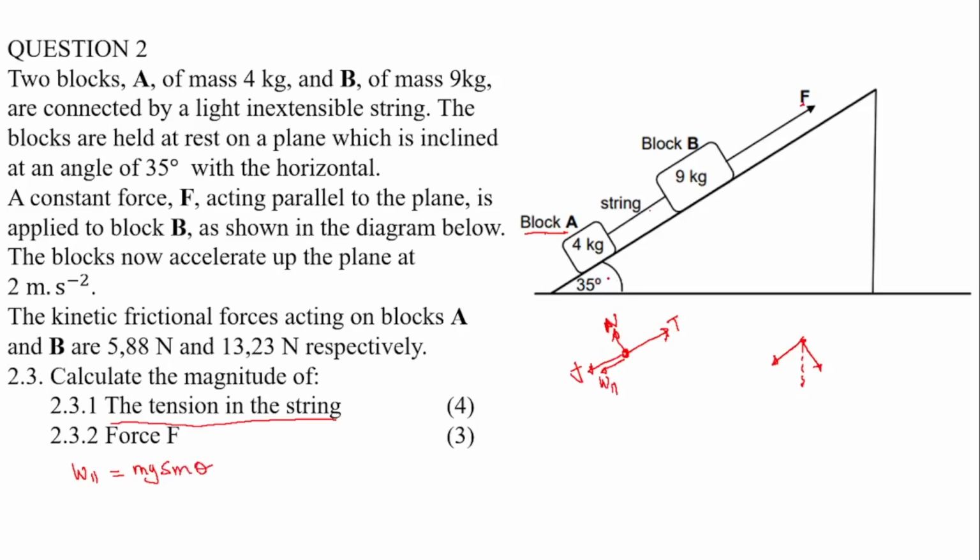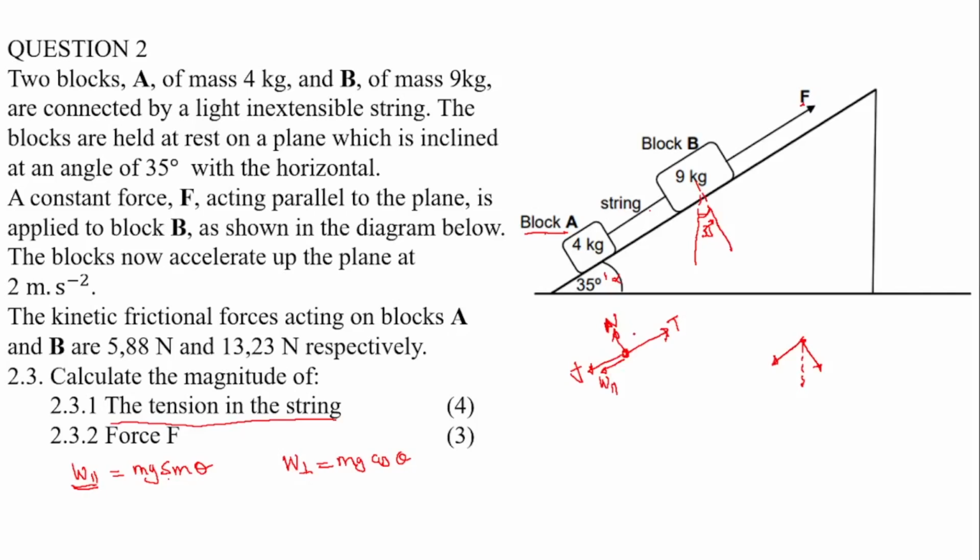This is the theta that we're referring to, because when we draw our weight like this, and this is perpendicular to the inclined plane, then this angle will be just the same as this, so this is going to be 35 degrees also. So for the component parallel to the inclined plane, we use mg sine theta, and for the one perpendicular to the inclined plane, we use mg cos theta.